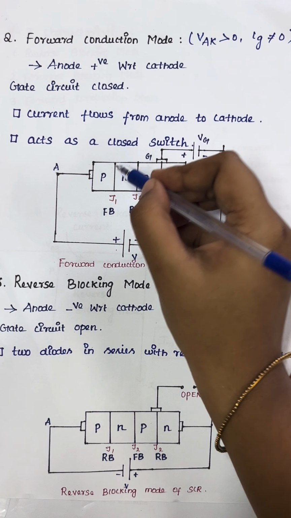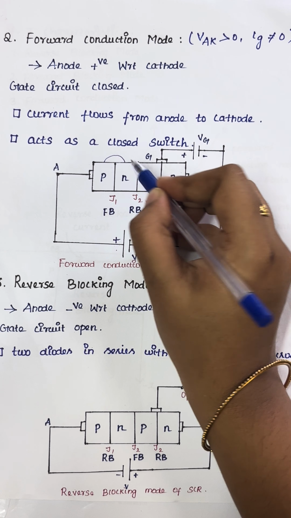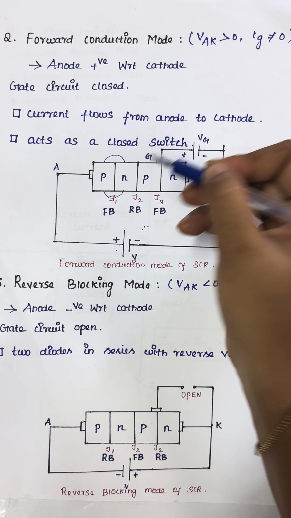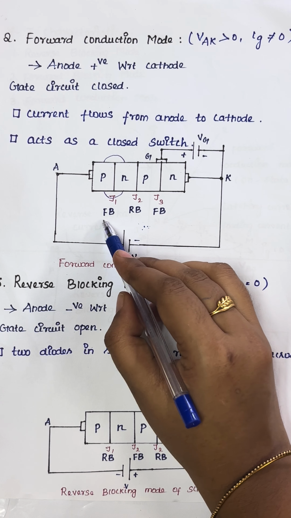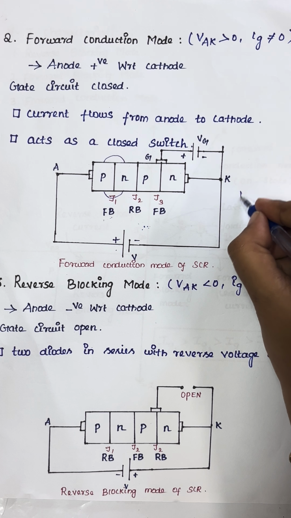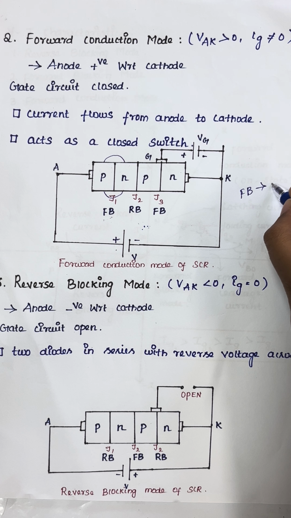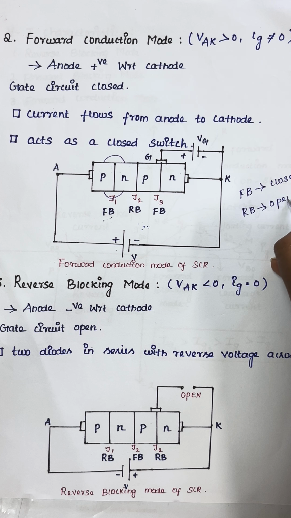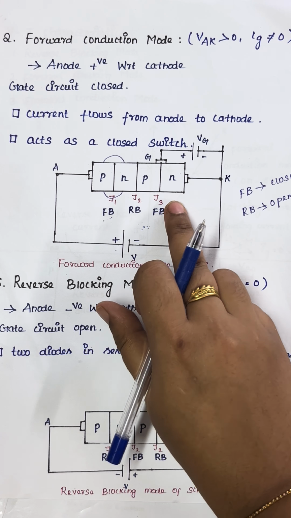The majority carriers move from P to N layer, and the electrons move from N to P layer, so the junction is crossed and it acts as forward bias. If we take it as a switch, a forward bias is a closed switch and a reverse bias is an open switch.